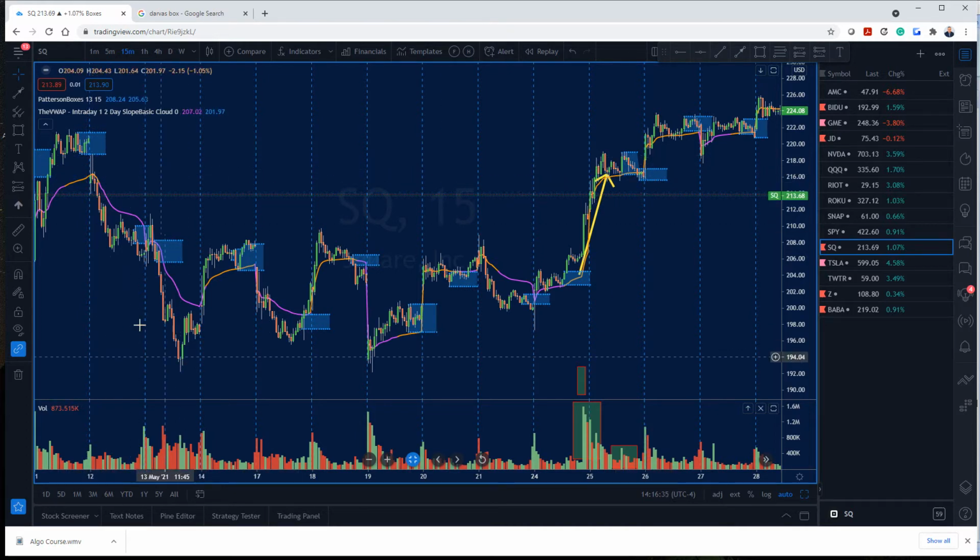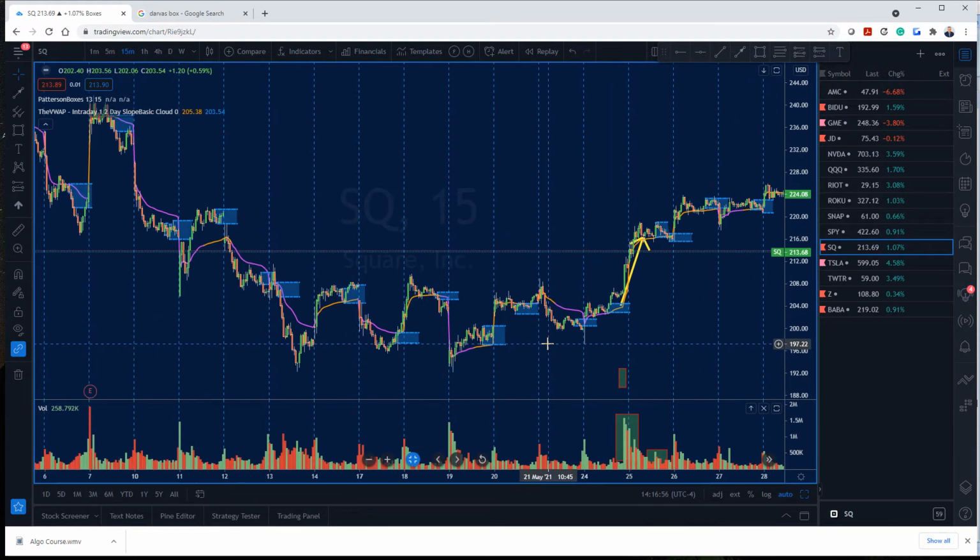You're looking for a high volume directional move, a box, and a breakout out of that box in a continuation of that move. This is a very good example of a trade that you would have made some very good money on. This happens to be a 15-minute time frame, and there are some other conditions, but I want you to understand the basics behind these boxes.